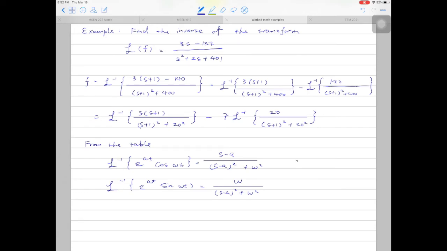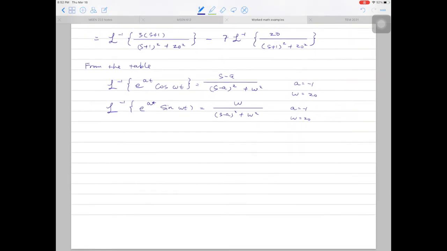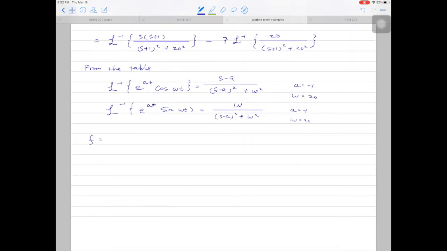Let's look at the expression above. In both cases, a is equal to minus 1 and omega is 20. Then we can write down the original form of the equation. It is quite straightforward and I will not read them out for you.